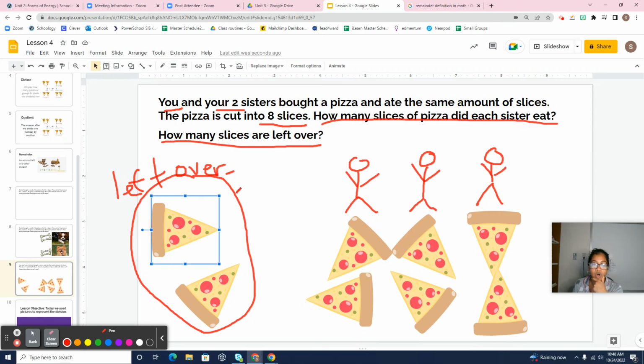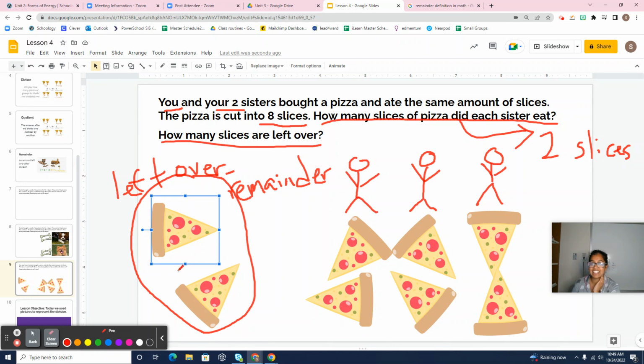This is also called the remainder. So we have a remainder of 2. Now, how many pieces of pizza does each of our sisters get? 1, 2, okay? 1, 2, 1, 2. So that's fair. Each sister gets 2 slices.